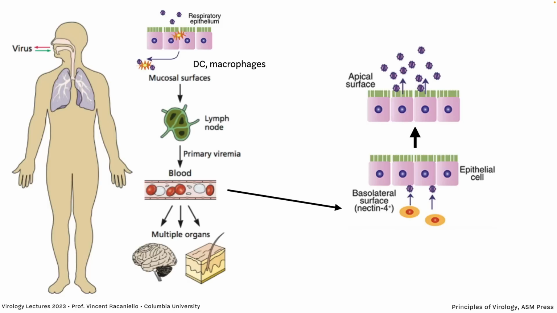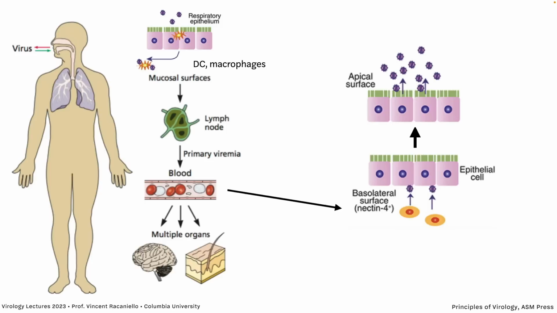White blood cells bring the virus to the basolateral domain. The virus, these tiny particles, attach to Nectin-4. They enter the epithelial cells, they reproduce, and they're released apically so they can get into the lumen of the respiratory tract and be transmitted.